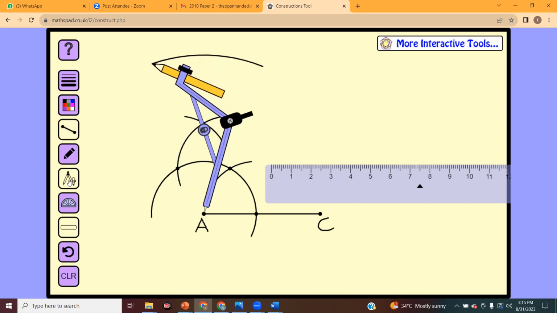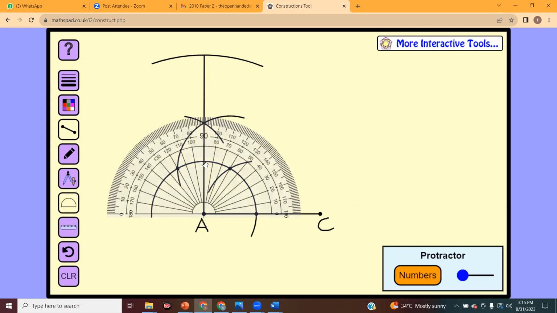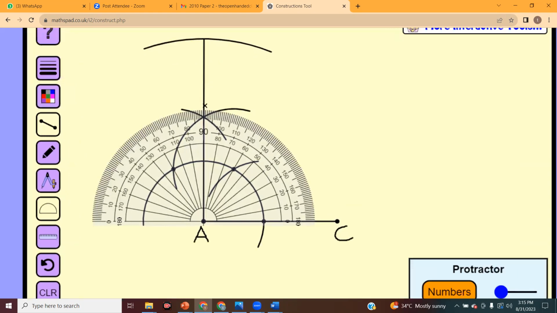Good. Now we take our line and we draw a line directly in the middle, such that it goes through there, and it exactly cuts. It has to be in the middle exactly. All right, that's good. Let's measure it and see if this is 90 degrees. Well, measuring it, it is 90 degrees.